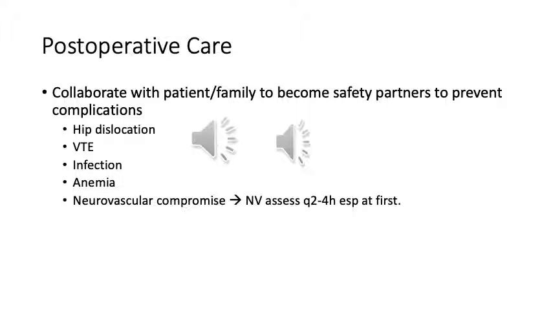When caring for a patient receiving continuous passive motion, perform neurovascular assessments every 2 to 4 hours or according to hospital policy. The patient should be able to plantar flex and dorsiflex the affected foot, but not feel pain in the lower leg.